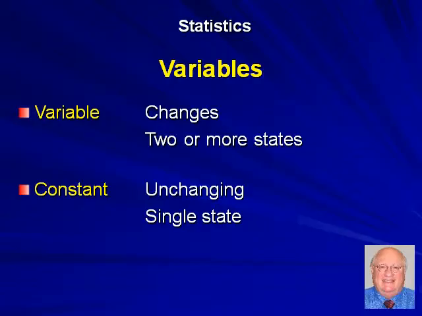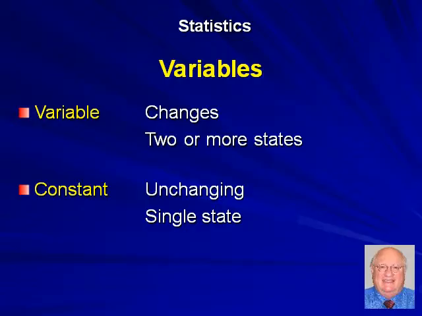Thus, a constant is something that does not vary or has only one value. In the context of a specific situation, such as a study or some other circumstance, something that varies in nature can be made into a constant.